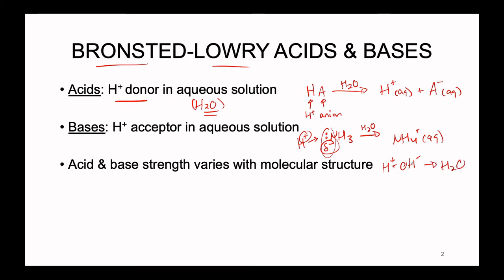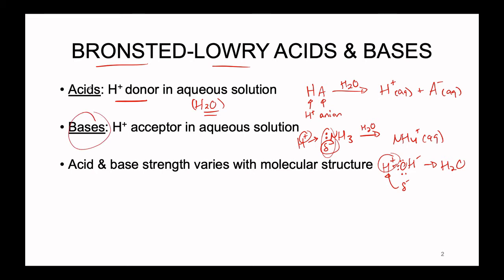But the important thing with this OH- is that if we were to draw out its structure, this oxygen has a bunch of lone pairs, it has a partially negative charge, and this partially negative charge is what attracts our H+. So remember that the structure of our molecules matters, the partial charge of our molecules matters. This is going to help us determine when we are looking at something that is going to behave like a base.